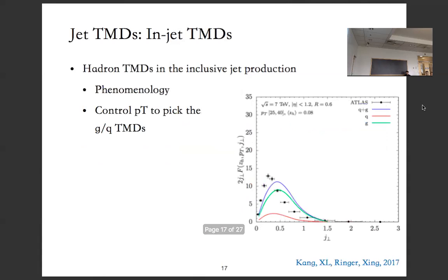We also break down the contribution into the gluon and quark fractions, and you can see that by choosing relatively lower pT at RHIC, the gluon jet will be dominant, just because the gluon luminosity is much higher than the quark luminosity for this pT range. So from this plot, you can see it actually provides an excellent opportunity to probe the gluon TMDs.